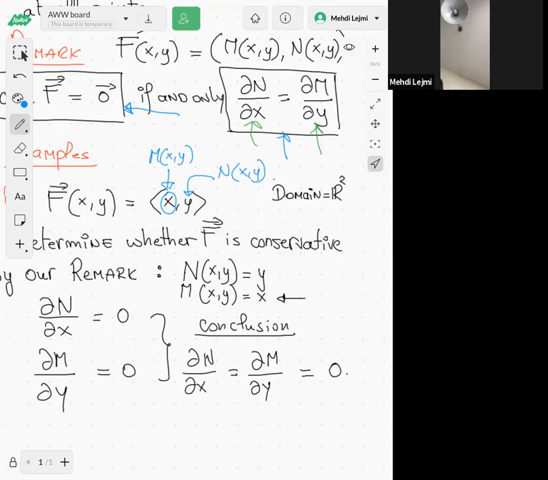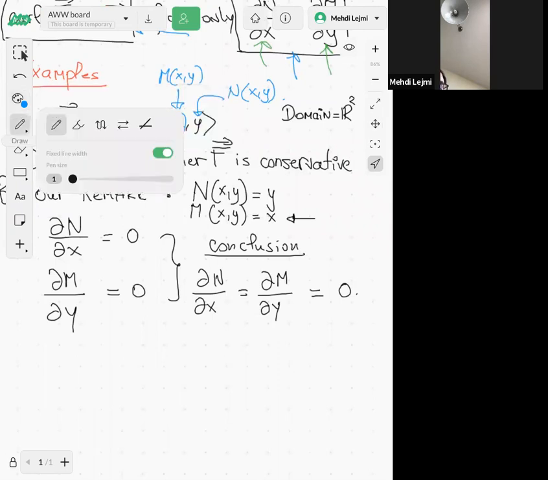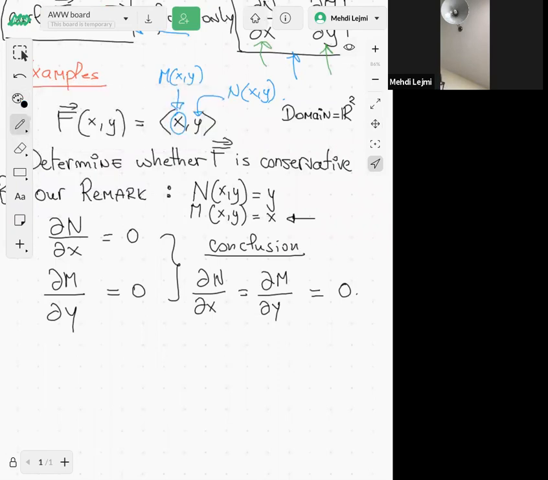So the curl of F is 0, and we deduce that F is equal to the gradient of some potential function f, so that F is conservative.